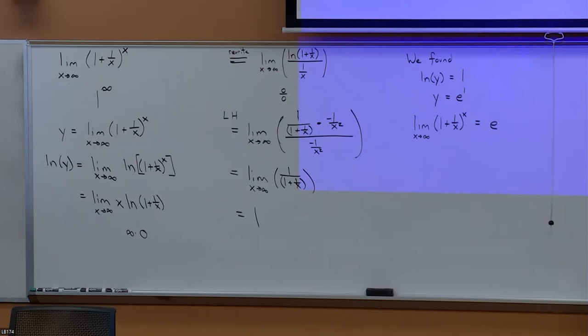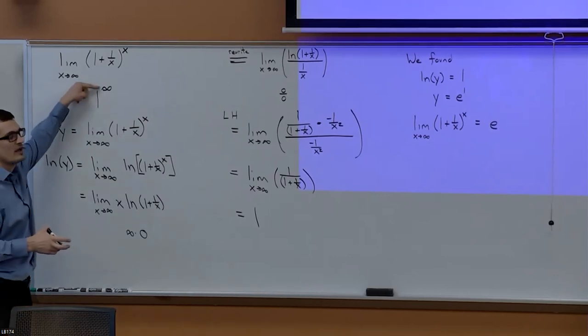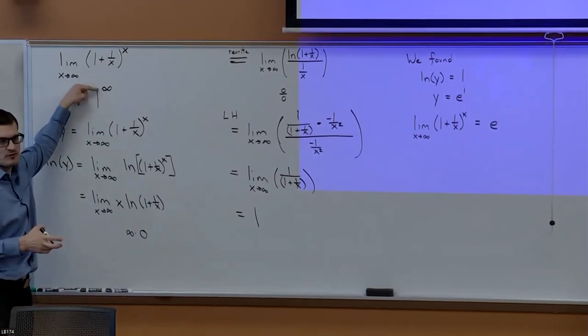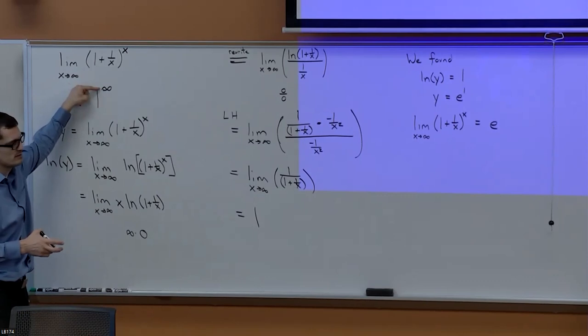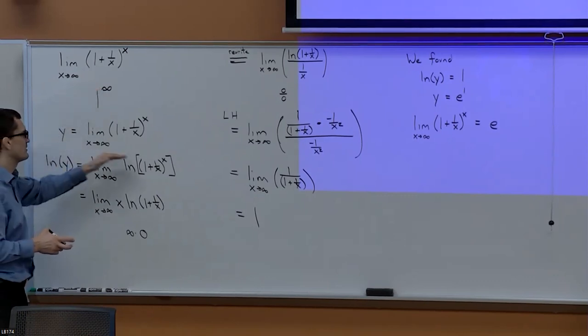That make sense? So that's the trick. The trick is if we have these weird indeterminate forms where we have 0 in the exponent or infinity in the exponent, then we can apply natural logs.